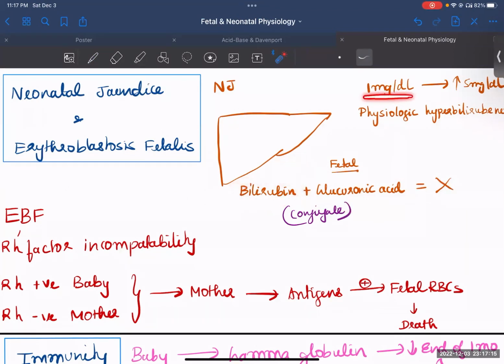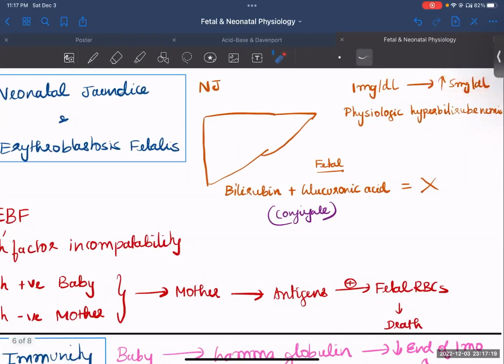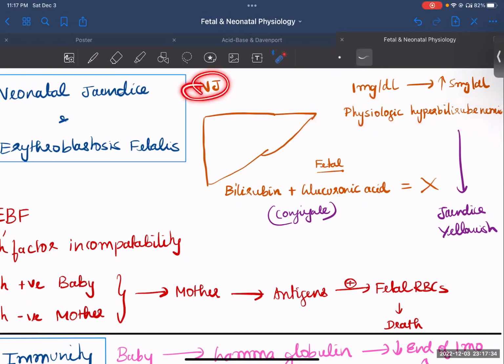From 1 milligram per deciliter, which is the normal value, it will rise to 5 milligram per deciliter. And as a result, your baby is going to have jaundice. You can see yellowish appearance of the sclera and of the skin. Okay, and this is called physiologic hyperbilirubinemia. The jaundice happening in the newborn is called physiologic hyperbilirubinemia.